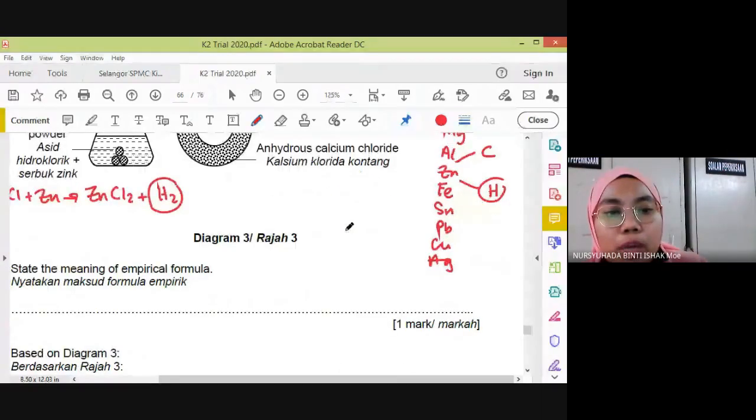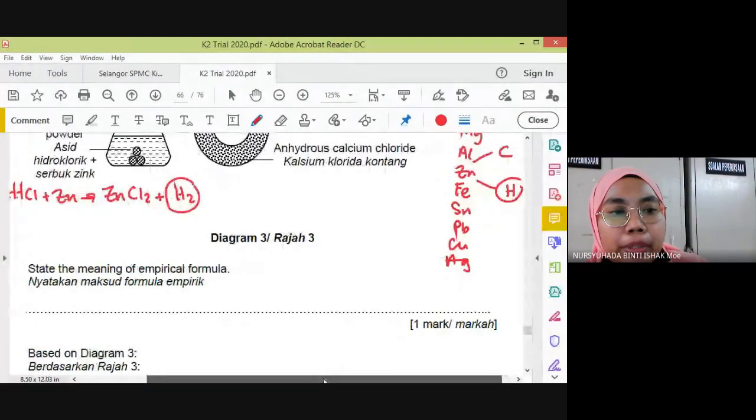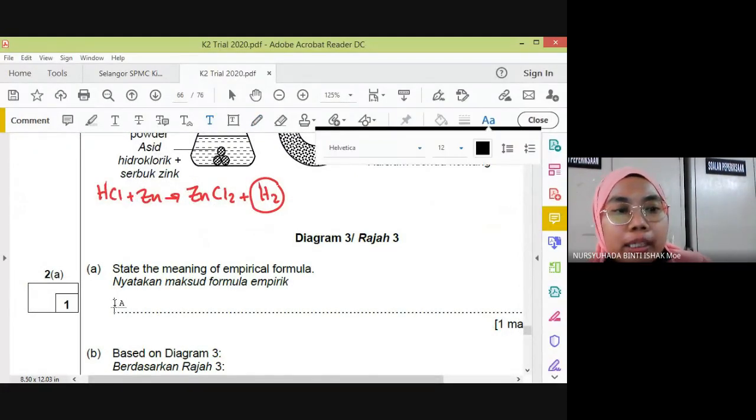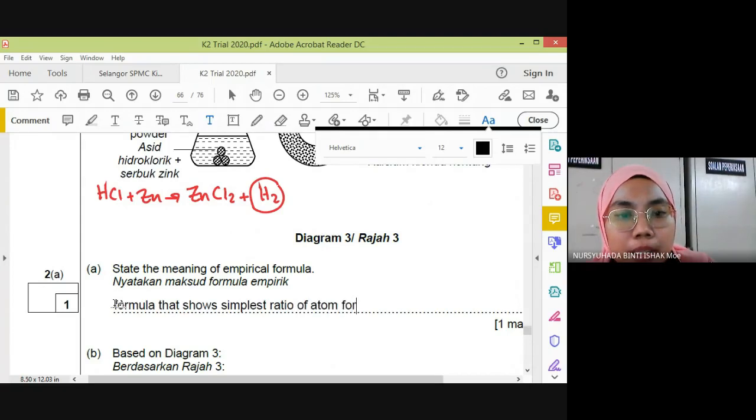Okay, next kita tengok what is the definition of empirical formula. Empirical formula is formula that shows simplest ratio of atom for each element in a compound.